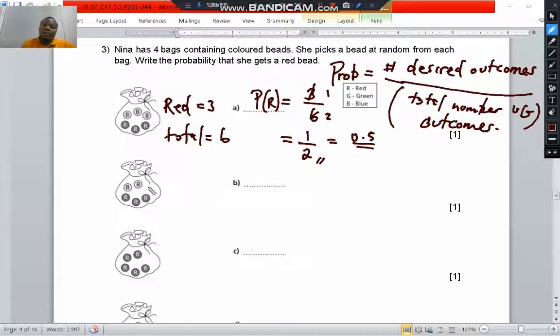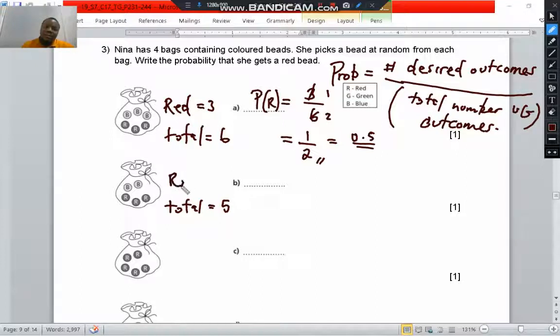So let's quickly look at the second bag. The same is the case. We need to look at the total number of outcomes we are likely to get here. So let's count the total of everything in this second bag: 1, 2, 3, 4, 5. We get 5. And then let's see the number of red beads we can get from this one. In this bag you can see 1, 2, 3.